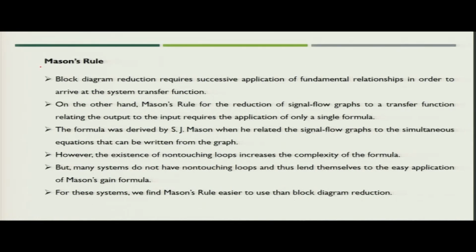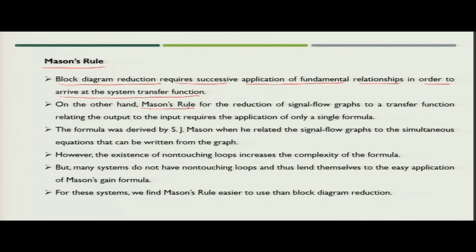Now, let us talk about Mason's rule, which is important to find the transfer function of the system. Generally, block diagram reduction requires the successive application of fundamental relationships in order to arrive at the system transfer function. This is what we have seen in the case of block diagrams.